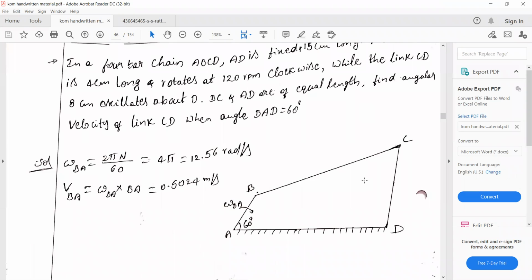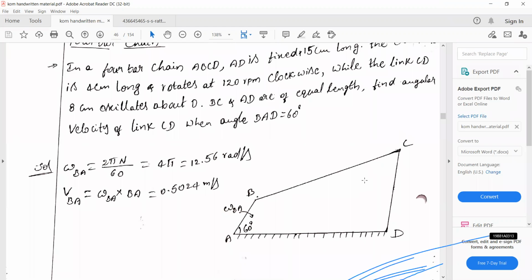Just observe the problem. Problem number 13.